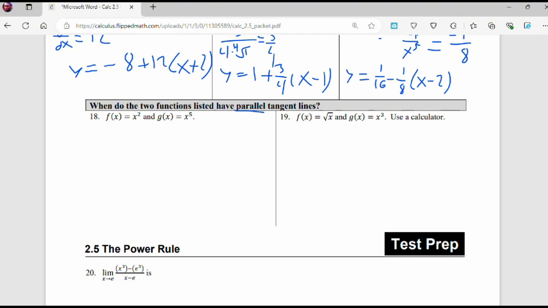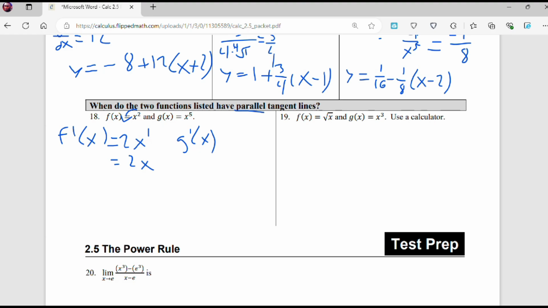All right. So f prime of x equals, bring the 2 down, 2x to the 1 equals 2x. And I just wrote the 1 down so you remember you do minus 1.